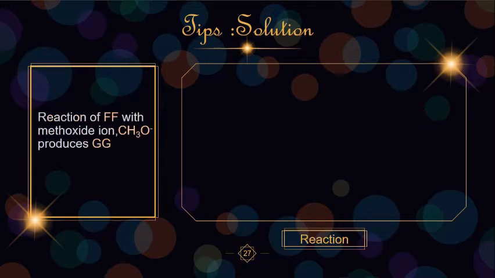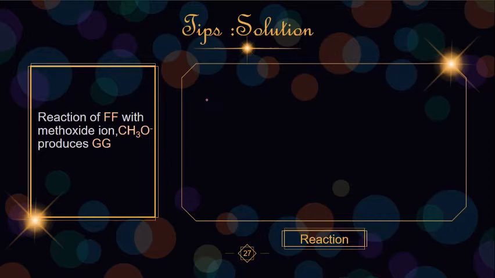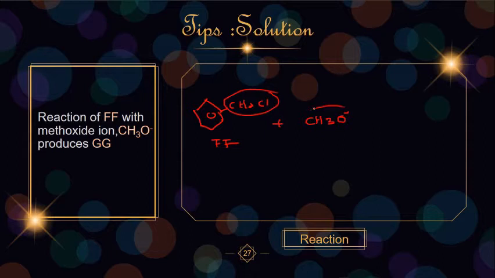Okay, reaction of FF. Apa tadi? CH2Cl, FF. Okay, so you ambil balik tadi reaction of FF, which is CH2Cl. Okay, actually ini FF. You react with CH3O minus. Okay, if you can see, when you react with the CH2Cl, actually this is reaction of haloalkane. So you just refer to the CH2Cl. Okay, so when you react with the CH3O minus, actually you will form ether.